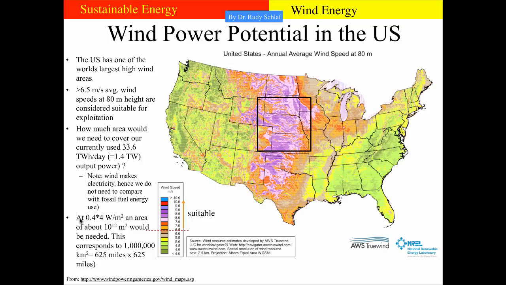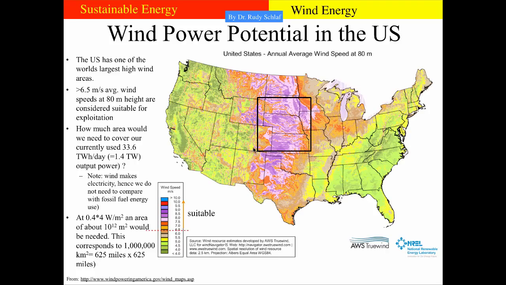So at a conversion factor of 0.4, the 4 watts per square meter that we may have per area of wind power density would require an area of 10 to the 12 square meter, and this corresponds to 1,000,000 square kilometers, which is an area of about 625 miles by 625 miles.